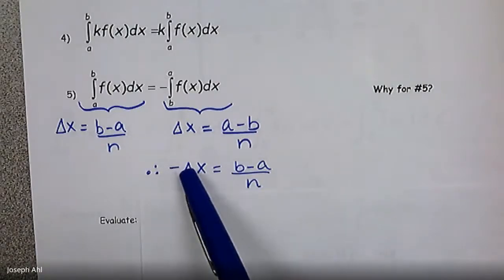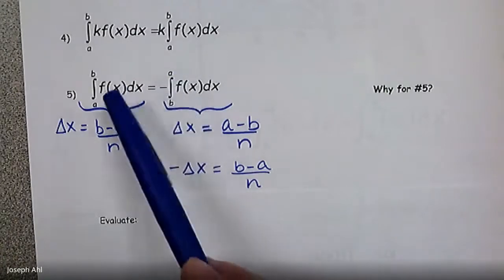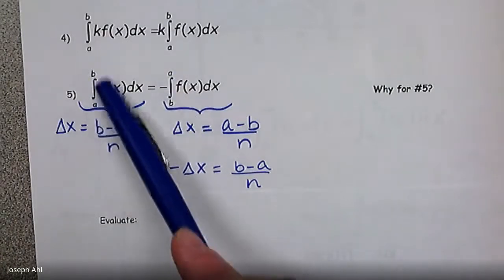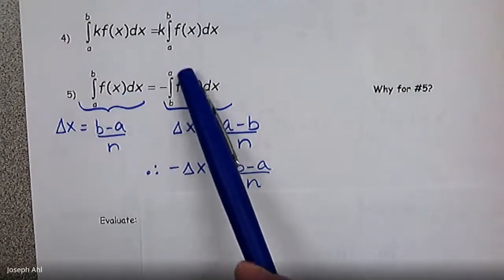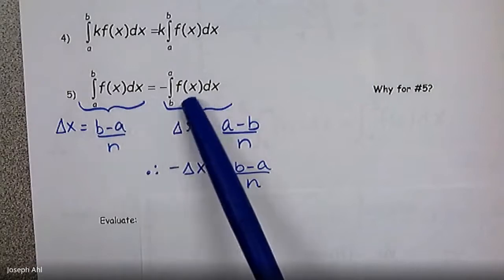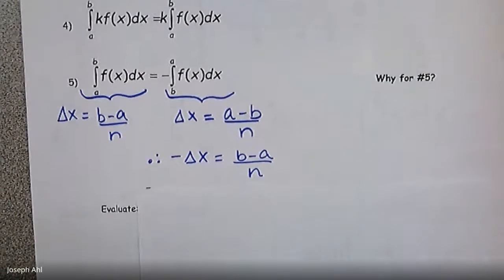Therefore, negating delta x is why we can think of this as being the negated integral to match this integral over here from a to b. So in the end, we have to know that if the bounds are reversed but it's the same function, we're going to get the negated area. It's kind of like working backwards from one endpoint to the other, and when you do that, it's like a negative accumulation of area.